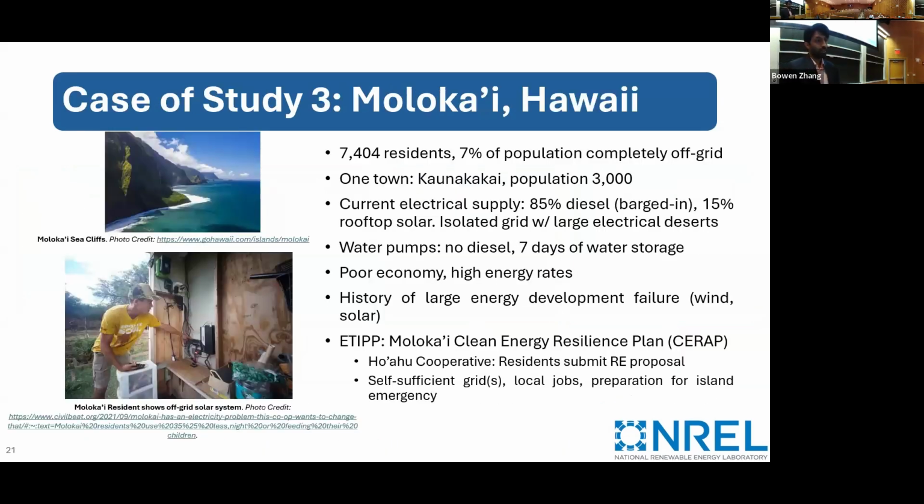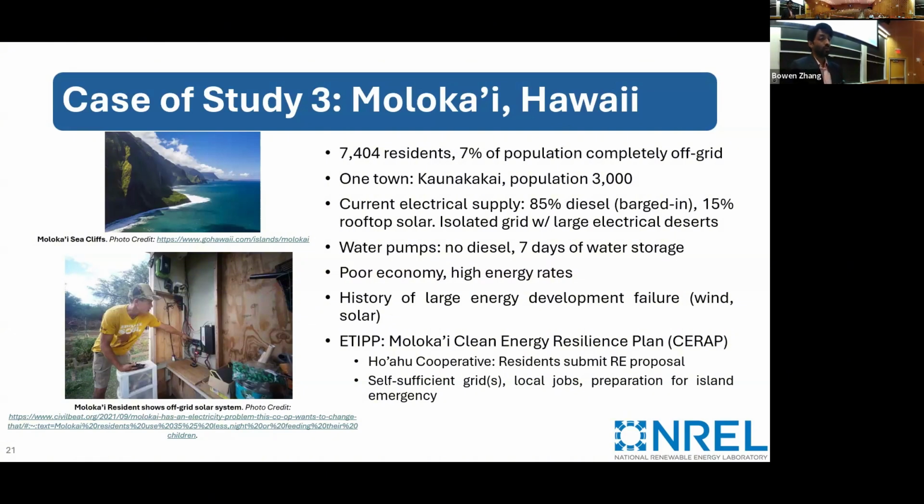Then we did the same analysis for another remote community, Molokai in Hawaii. It is pretty far from the US mainland, so it is totally remote. There are around 7,400 residents there, and 7% of the entire population of this remote area is still completely off grid.